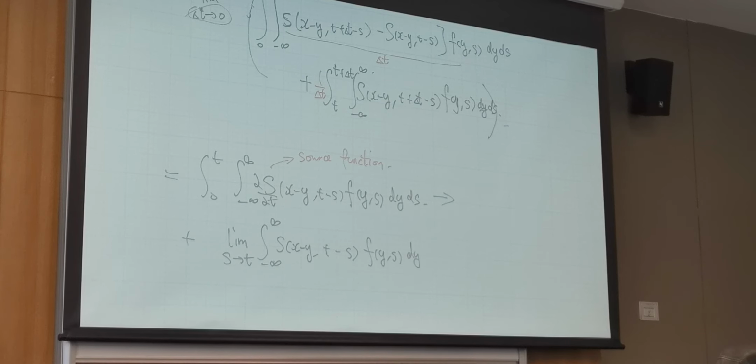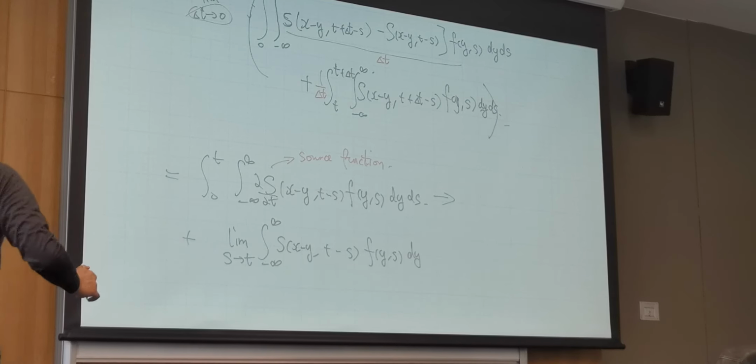A step function? No, it's not a step function. Zero on the left-hand side and one on the right? No, that's the Heaviside function, and that's the Q. S is the derivative of that. The initial condition for the source function is exactly the delta function.